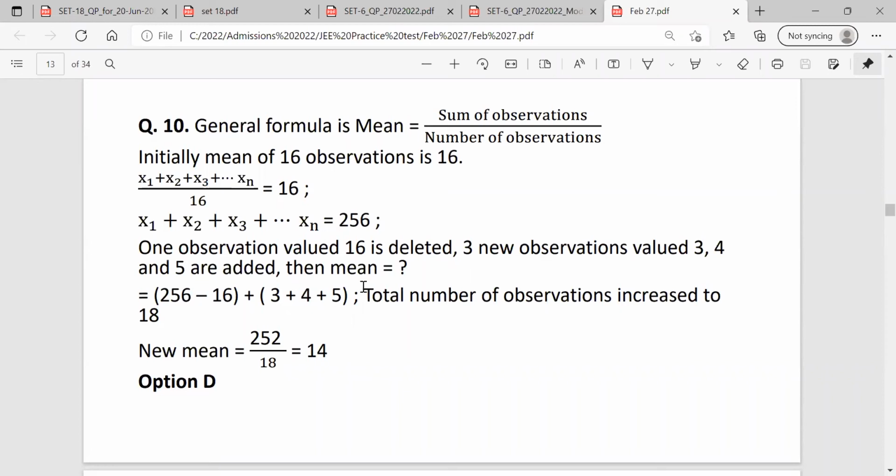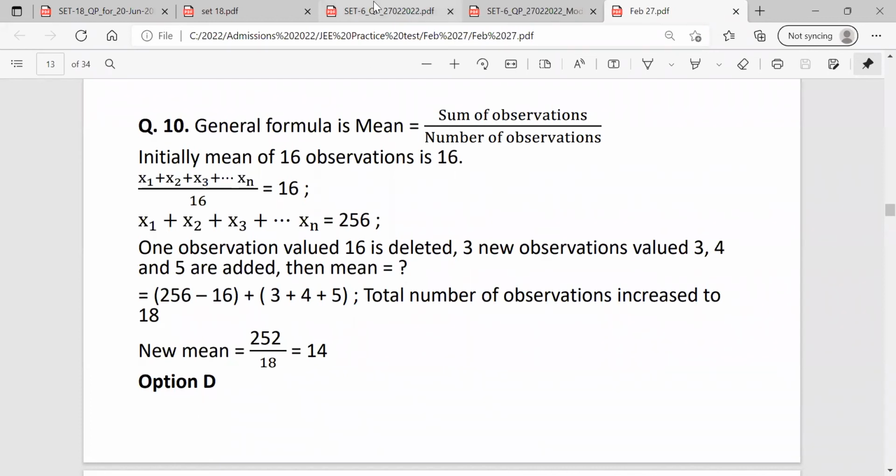We know that totally there were 16 observations. One is deleted, so it's 15, and 3 observations are added to it. So the total observations will be 18. Now, once we have the total value and the number of observations, it's easy to find the new mean. So the new mean becomes 252/18, which is equal to 14.